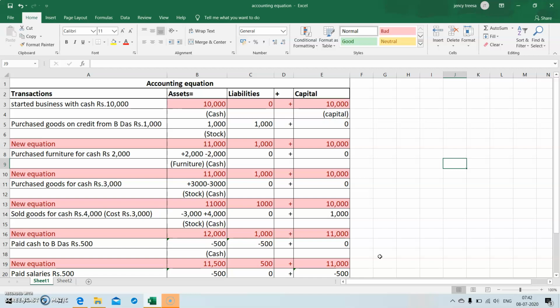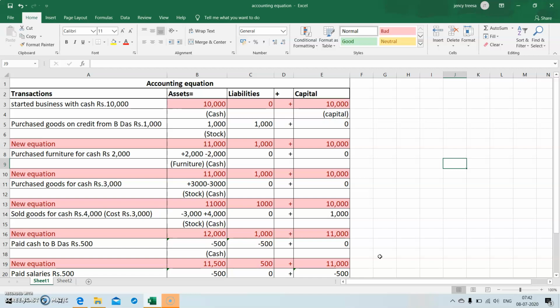So that is also getting cancelled. It's not affecting liabilities and capital. So the new equation is also the same because this transaction hasn't changed the values, no? So 11,000 is equal to 1,000 plus 10,000.